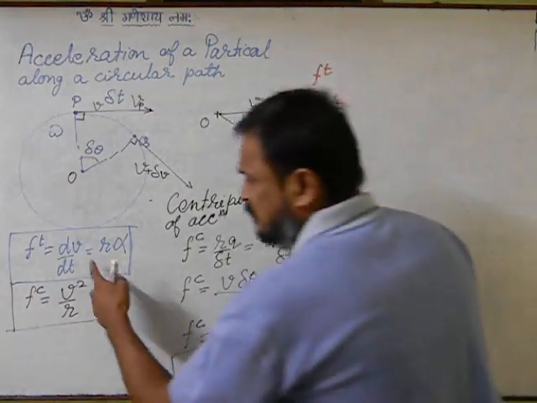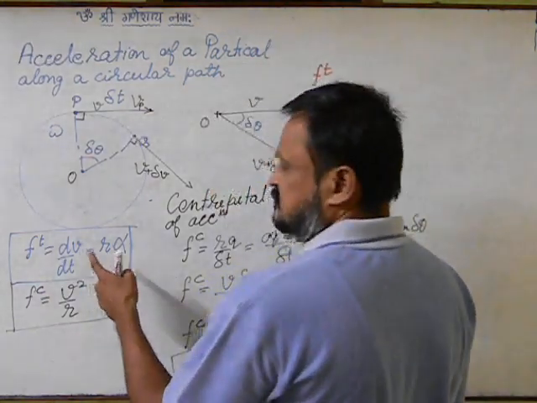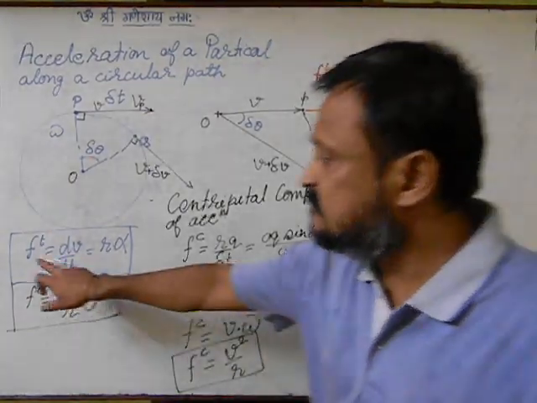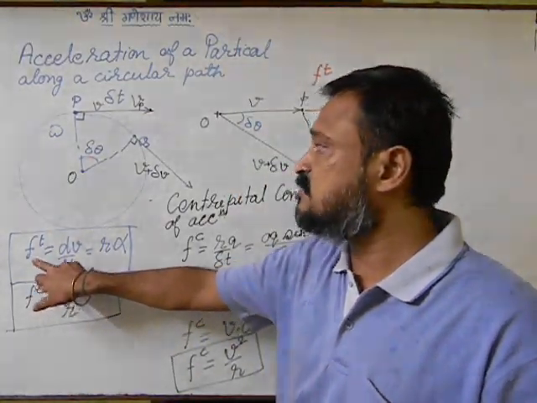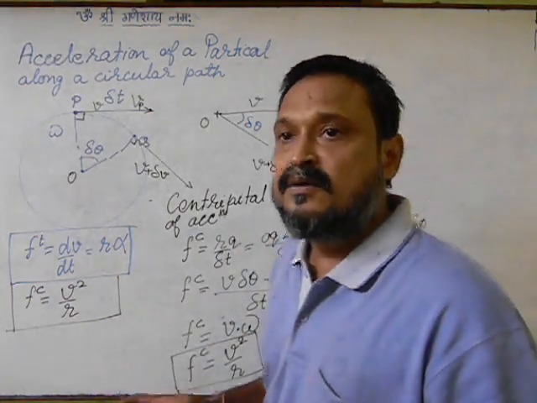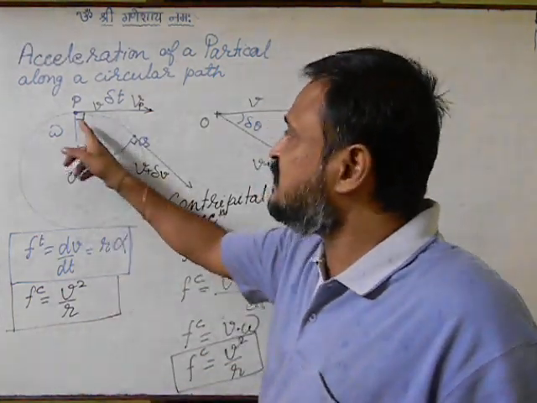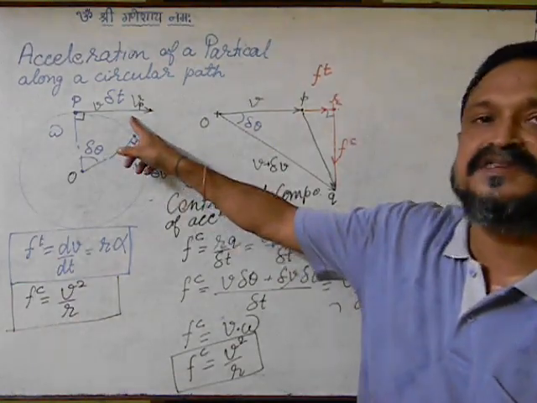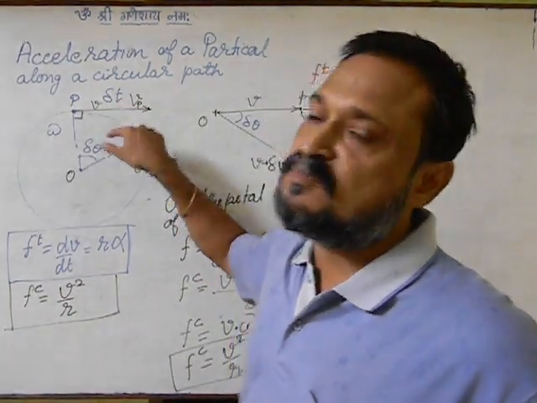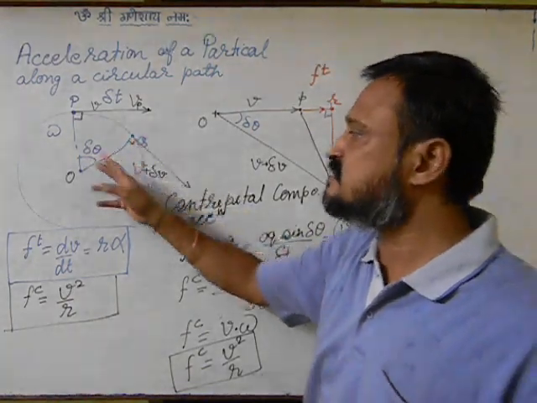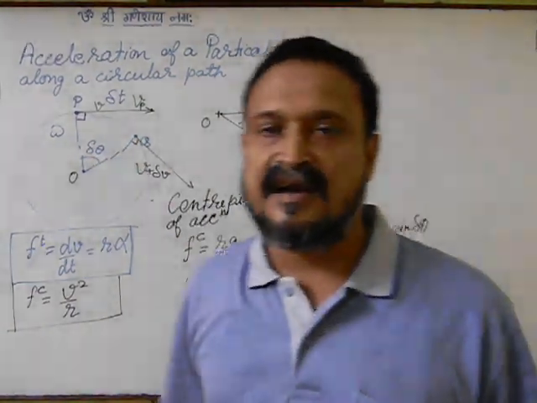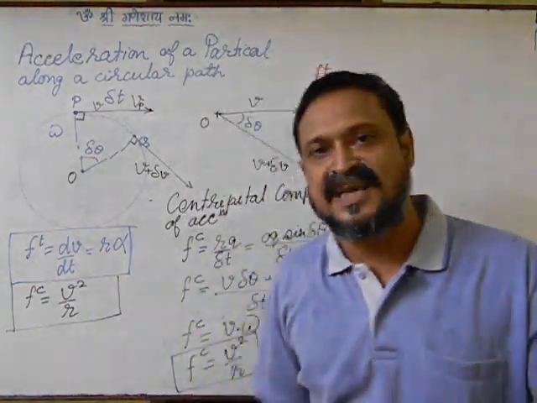So the direction of the tangential component will be parallel to the tangential path, and it will depend on the motion. If it is accelerating, then the direction of this vector will be the same as that of the motion. And if this body is retarding, then in that case, we have considered here v plus del v, so we are assuming the condition to be accelerating.